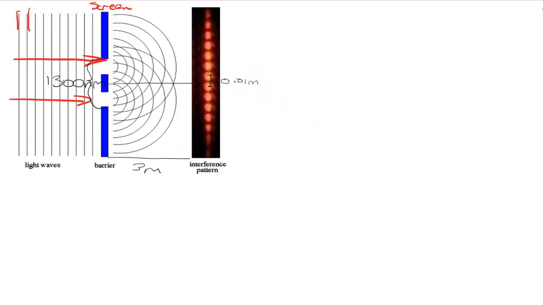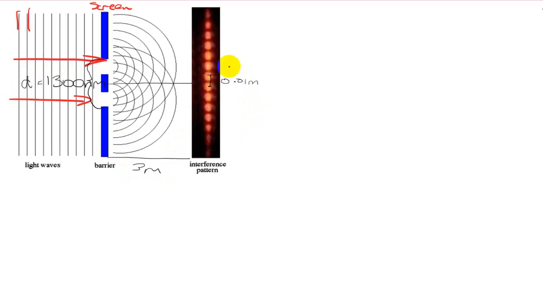So we have d, which was 1300 nanometers. We have the distance between the screen and the barrier is 3 meters, and the distance between the central maximum and the first antinodal point is 0.01 meters.